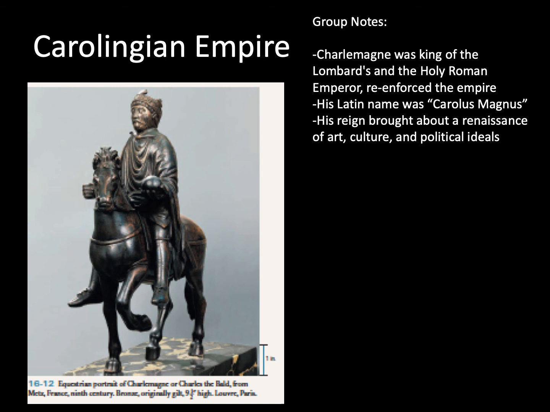So this is the equestrian statue of Charlemagne, or Charles the Bald. Charlemagne was king of the Lombards and the Holy Roman Emperor. He takes over at some point here after Justinian goes in and out of power.